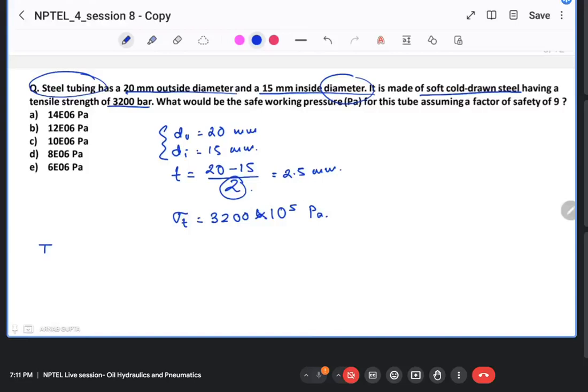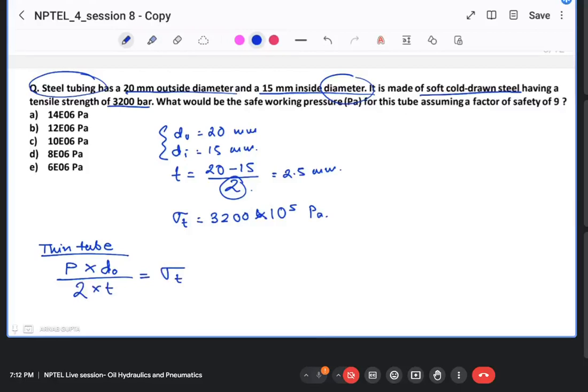So for a thin tube, suppose P is the working pressure, D is the outside diameter of the pipe. PD by 2T is equal to your tensile strength.